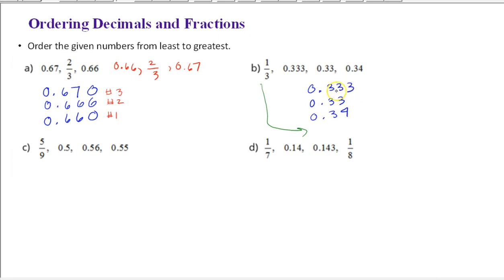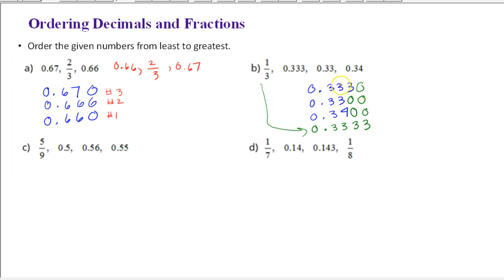Notice this goes to the thousandths place. Let's make these all go to the thousandths place. So I'm going to add a 0 to 0.33 and 0.340, and we want to go one digit past the largest, or smallest in this case, place value, the one furthest to the right. So for 1/3, it's 3's forever, but I'm going to go out 4 decimal places, and then insert zeros at the end of these, so they all have the same amount of digits.